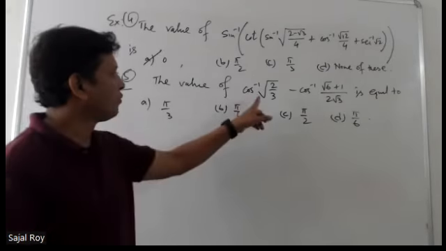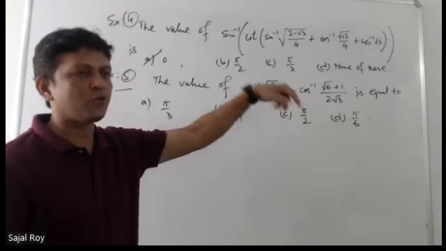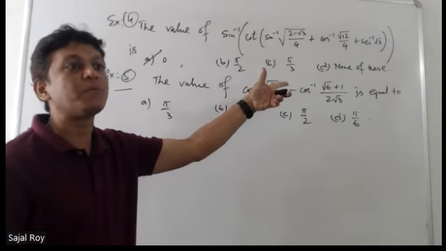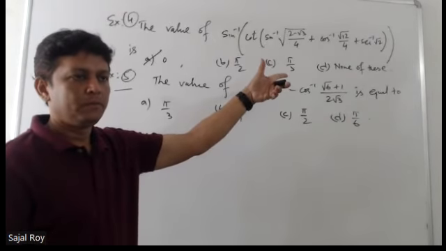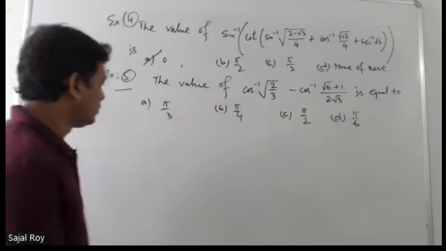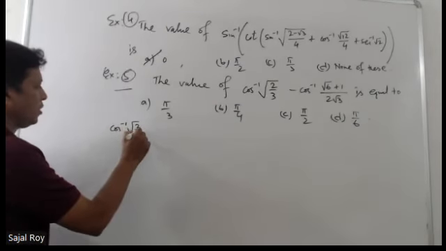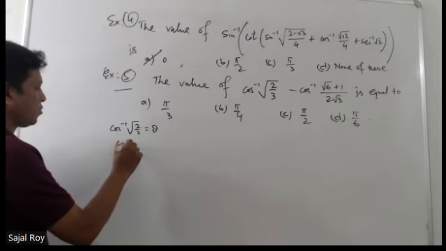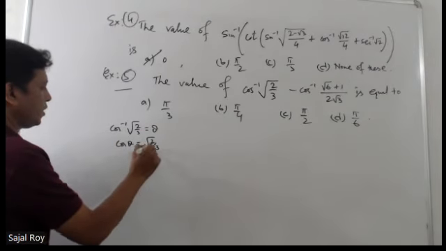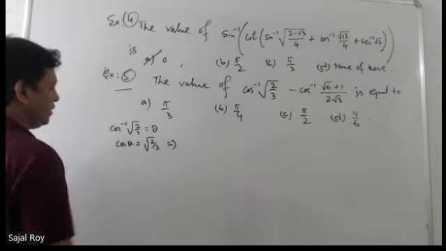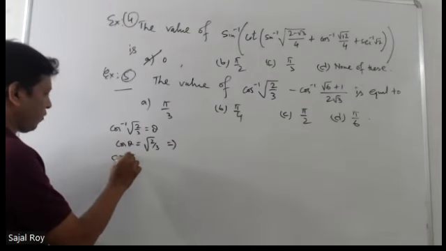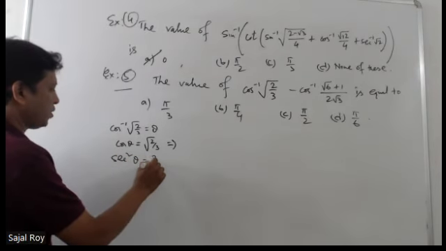It's better to move all this cos inverse to tan. Tan's formula is very simple. So what is your cos inverse? Cos inverse root 2 by 3 equals theta. So cos theta is root 2 by 3. Or you can write sec square from here. Sec square will be 3 by 2, right?